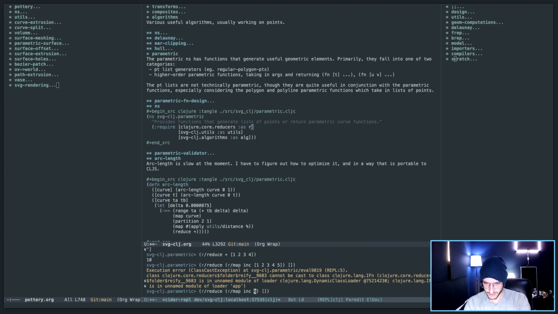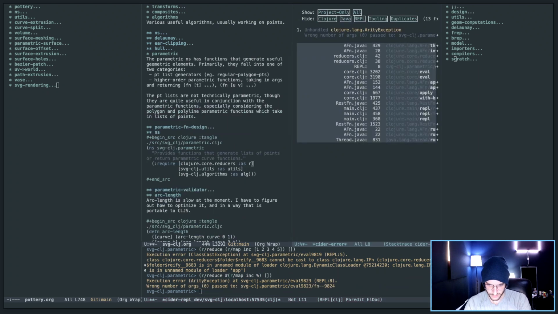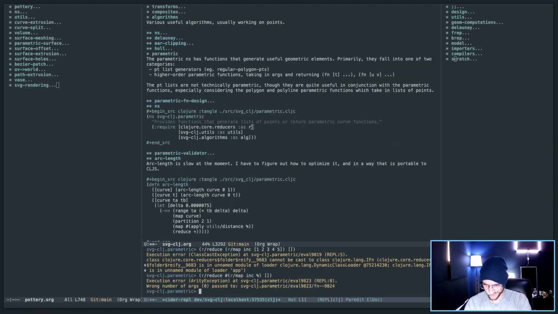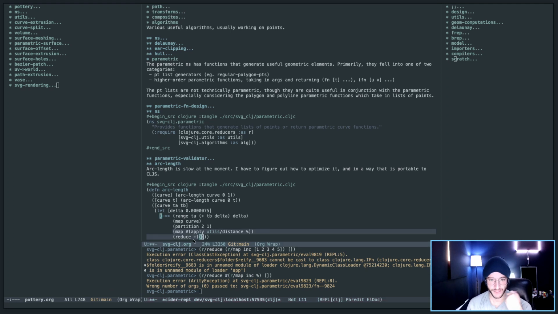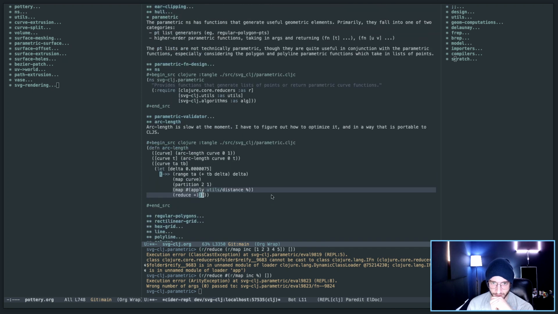Does this have to be like this? I'm trying to replace this with something that could be faster. That's the whole idea.